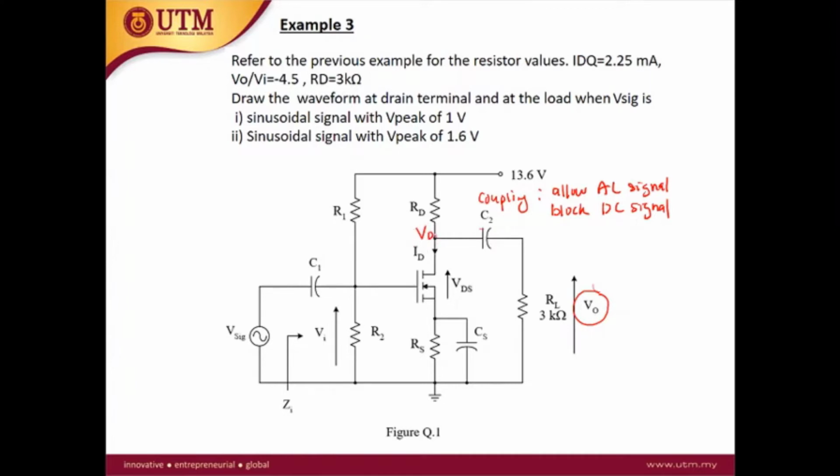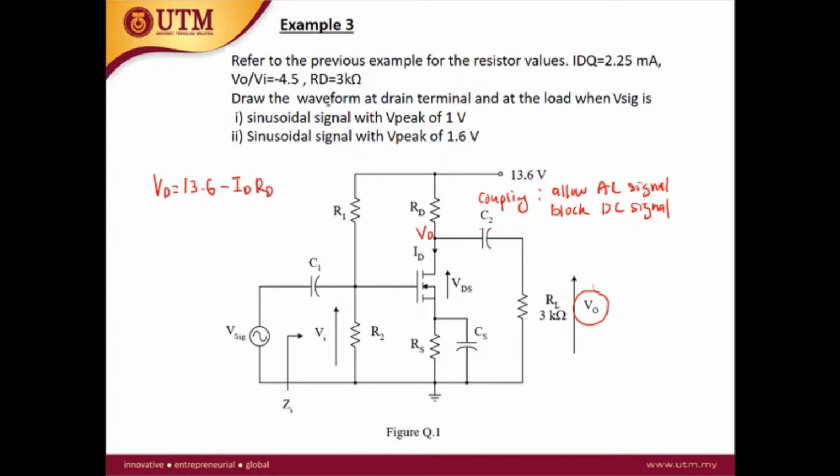So the VD here is a DC voltage. How can we calculate the VD? The VD is equal to VDD, for example 13.6, minus the voltage drop at the RD, so this is ID times RD.